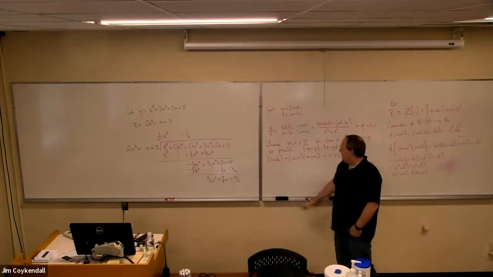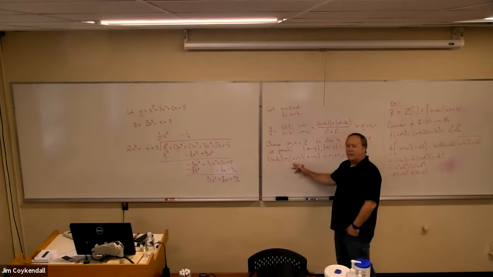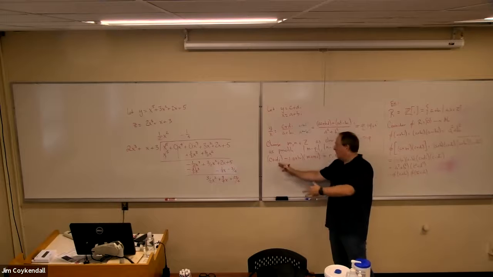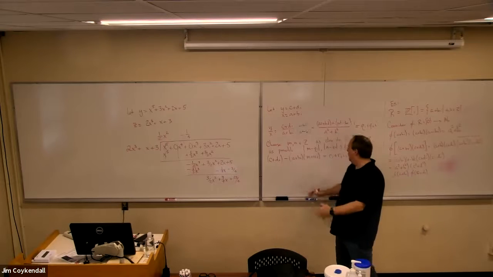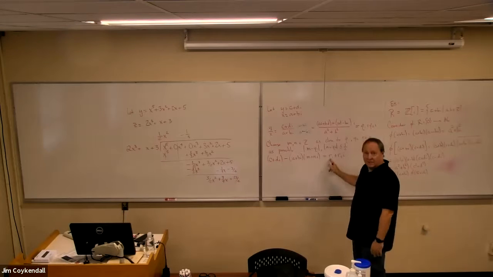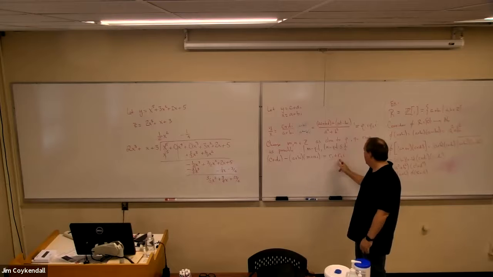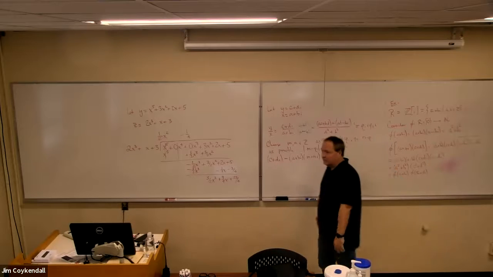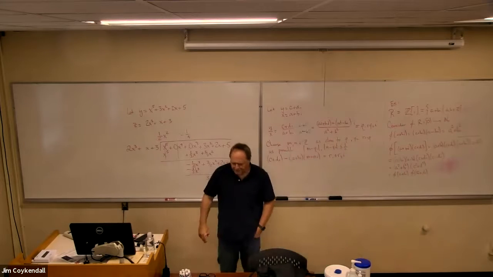I'm not saying much of anything here. These are all integers here. And so what I'm going to get, I'm going to get a big mess. But when I sort it all out, my real coordinate is going to be an integer and my imaginary coordinate is going to be an integer. That's all that's going on there.